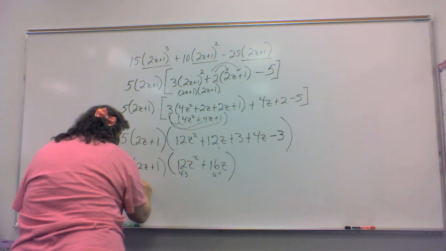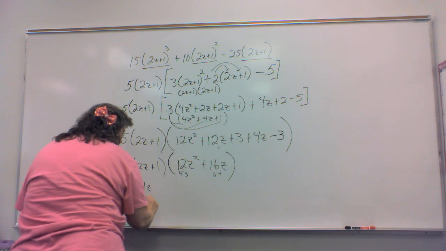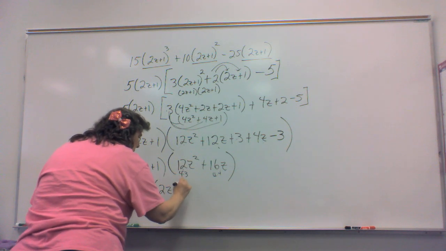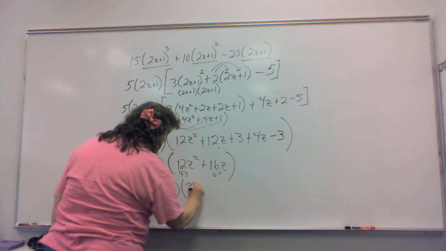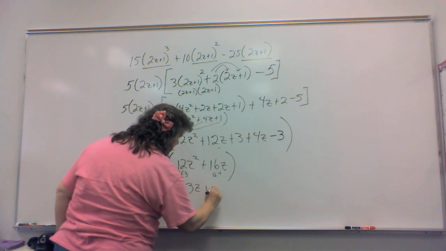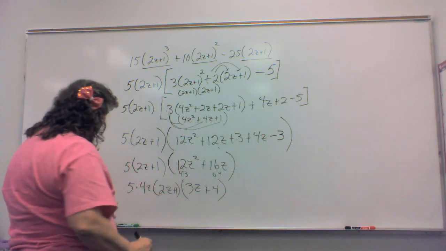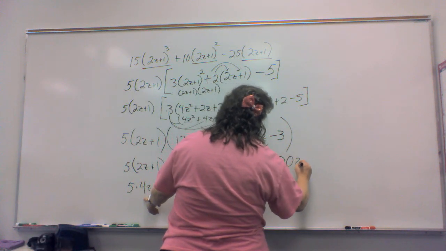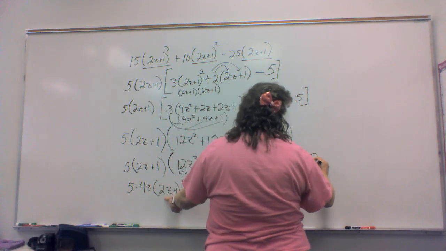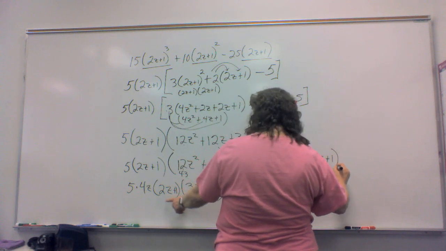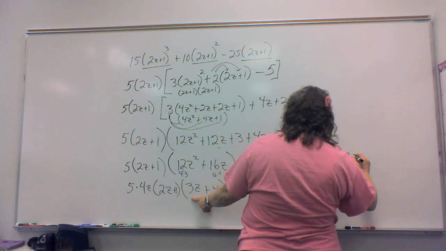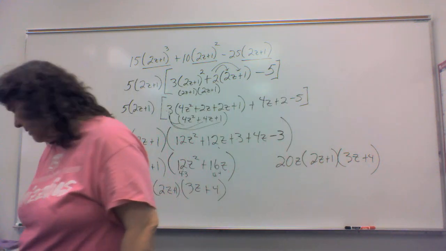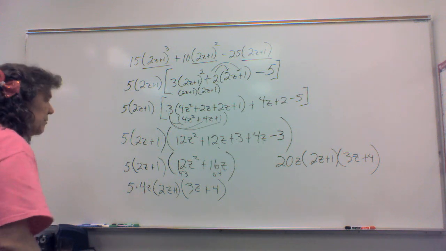So 5 times 4z times (2z plus 1), and then times (3z plus 4). And now 5 times 4 gives you 20z times (2z plus 1) times (3z plus 4). And there is that problem all the way factored.